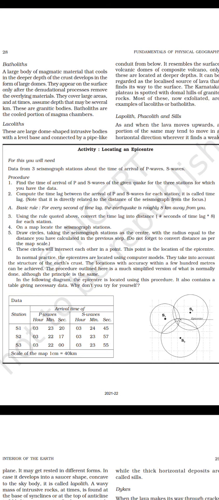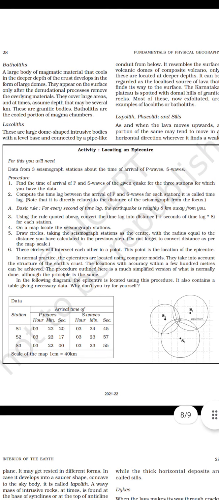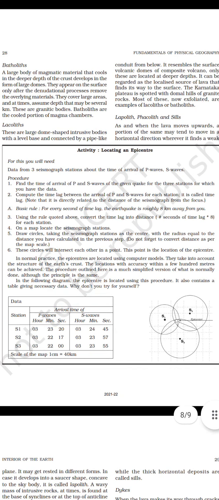S1, S2, epicenter, S3. Data: station, arrival time of P waves, S waves, hours, minutes, seconds. S1 P waves 3 hours 23 minutes 20 seconds. S waves 3 hours 24 minutes 45 seconds. S2 P waves 3 hours 22 minutes 17 seconds.